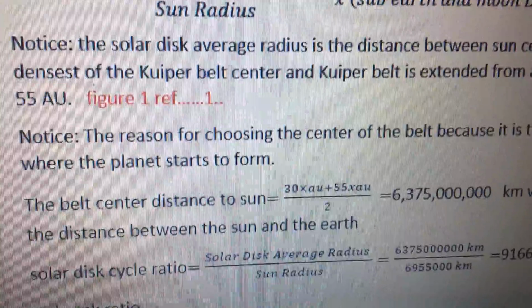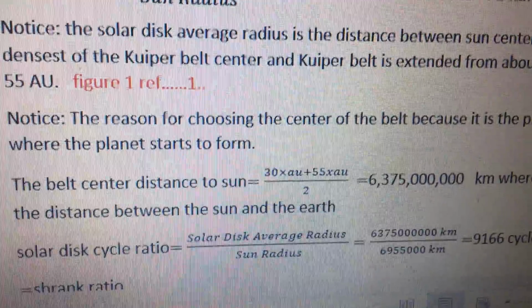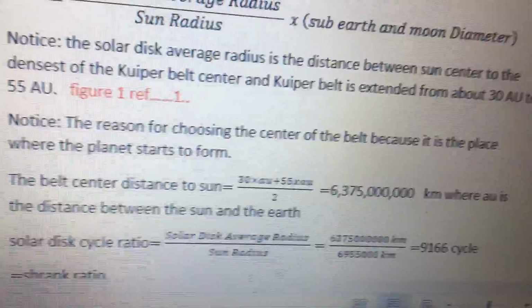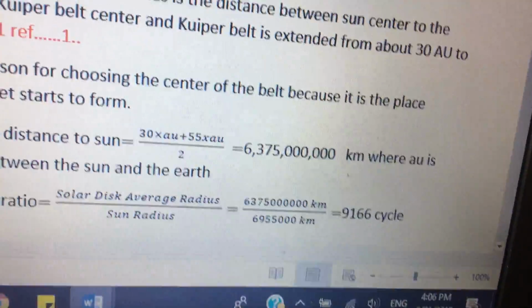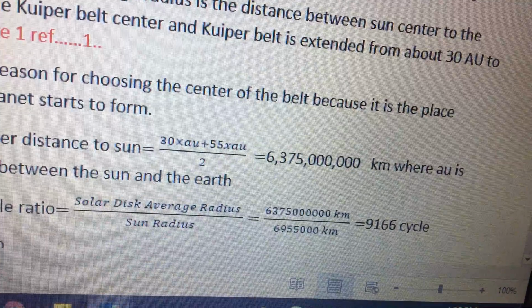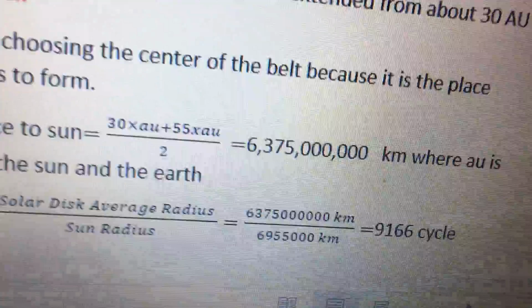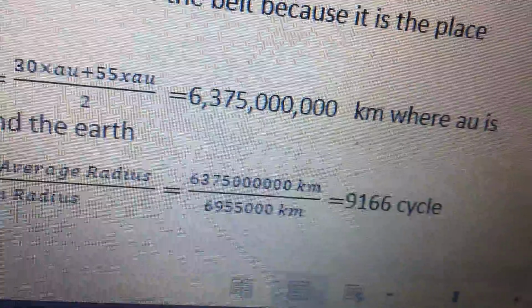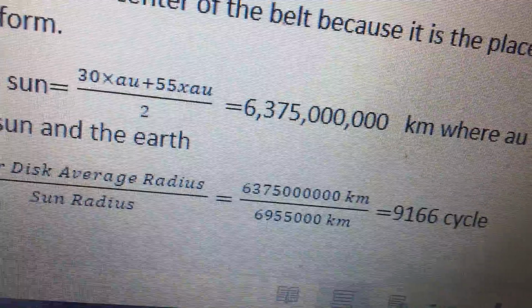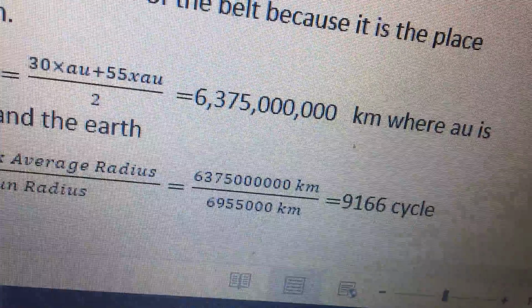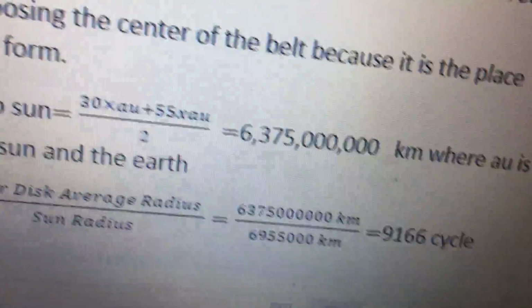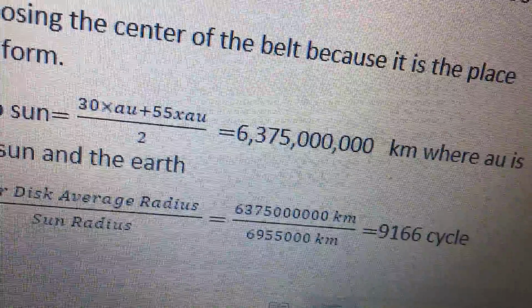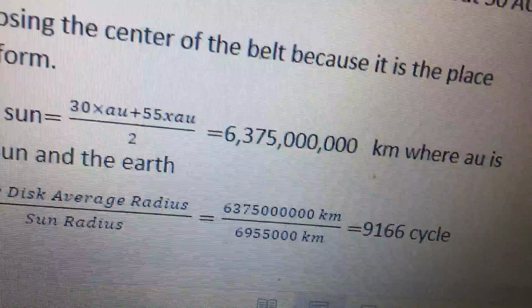If we need to check Venus, we multiply the Venus diameter by the 9166 cycle, which gives us the distance from Venus to the center of the sun. What about Mars? We have another formula for Mars too.